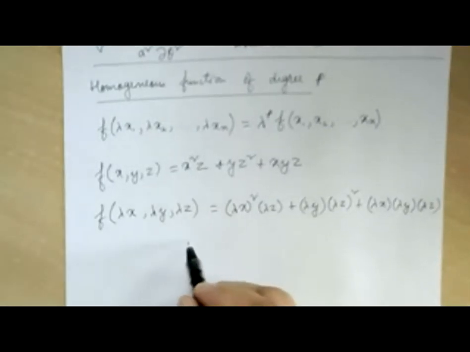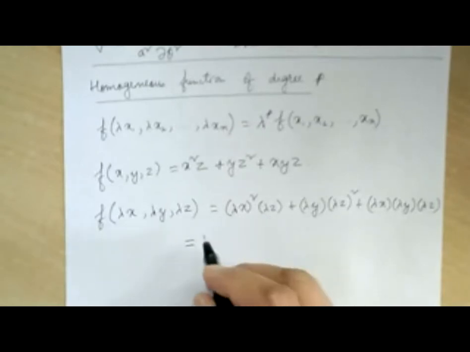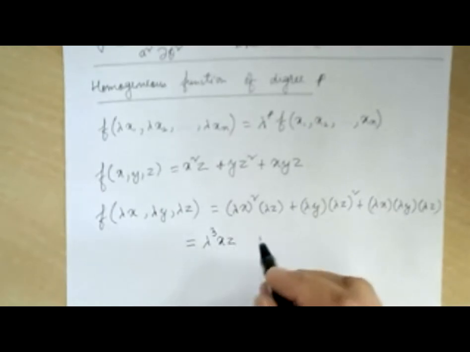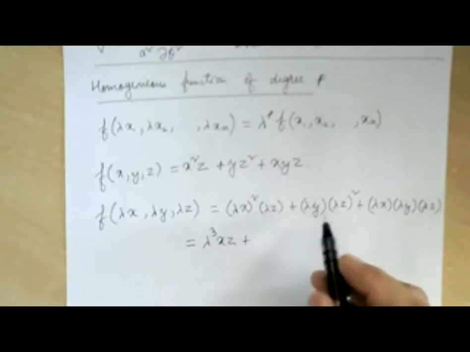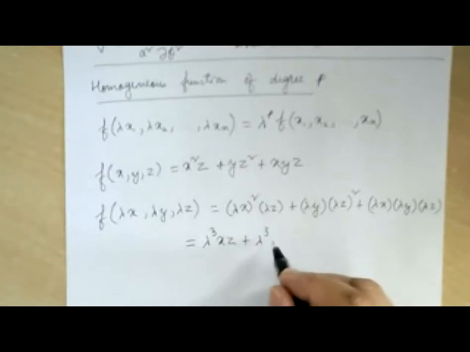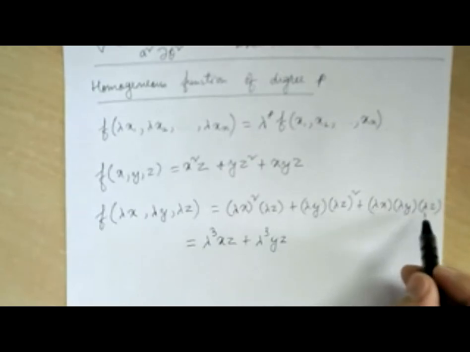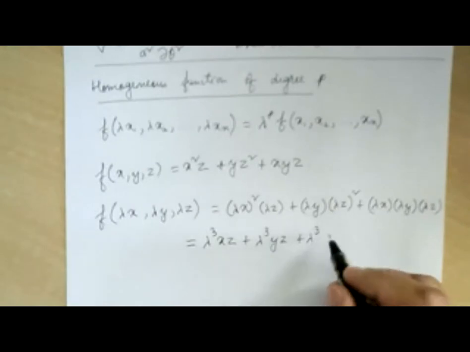Now lambda is some parameter. This will give you lambda square x square times lambda z, so this will give you lambda cube x z. Plus lambda times lambda square, this will again give you lambda cube y z. Plus multiplying lambda three times, you will get lambda cube x y z.